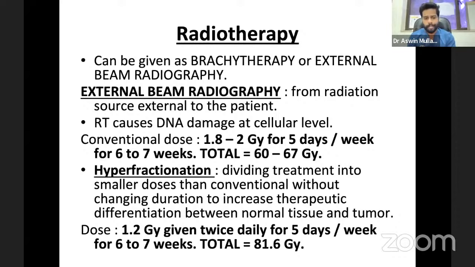The conventional dose for head and neck cancers is a total dose of 60 to 70 grays, in fractions of 1.8 to 2 gray per day, for 5 days per week. Altogether, the complete treatment time will be around 6 to 7 weeks. So the total dose will be somewhere around 60 to 67 grays.